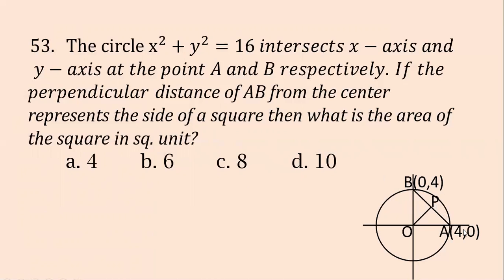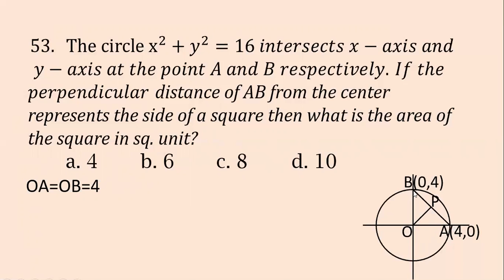So this is AB and OP is the perpendicular, and this OP is the side of the square, and we have to find the area of that square. So taking OP as the side of a square, we want to find the area of that square. So OP is the side of the square.